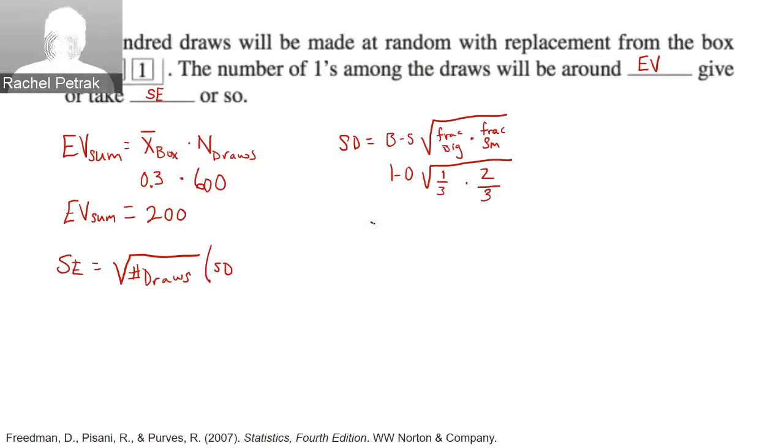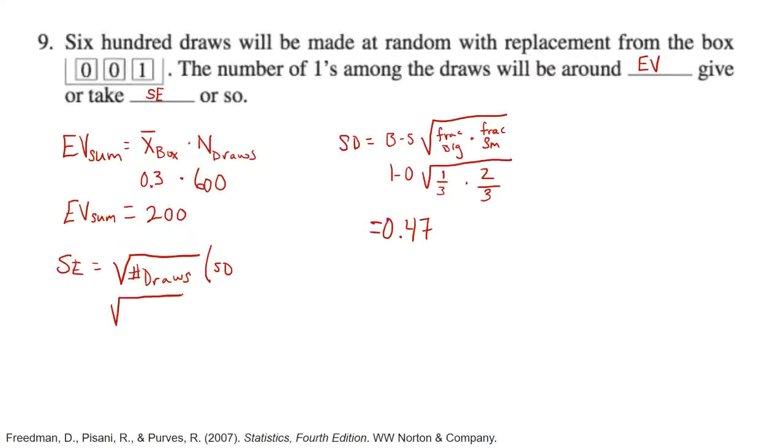Okay, so we get a standard deviation here of 0.46, let's say 0.47. Our number of draws is 600.